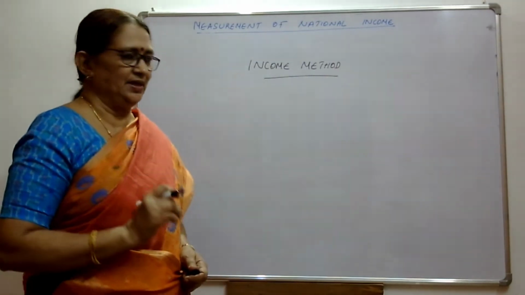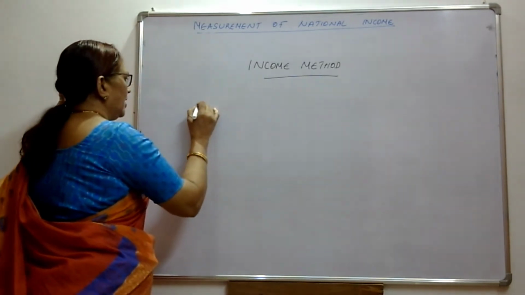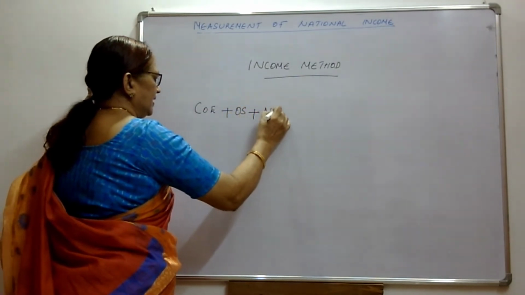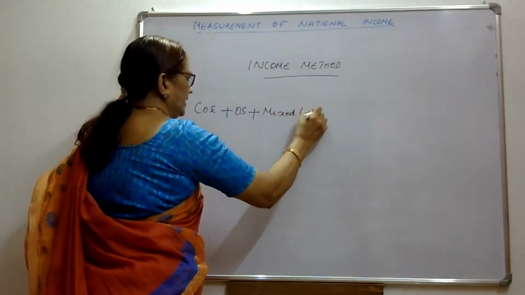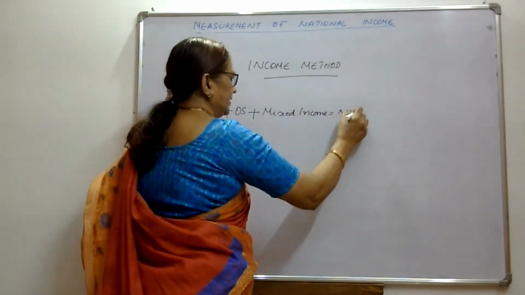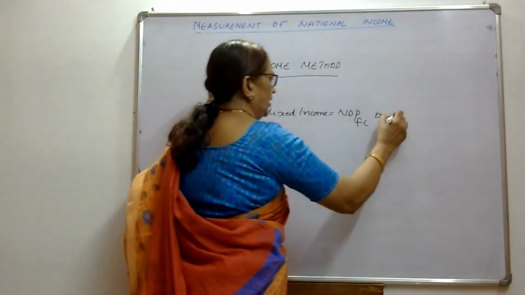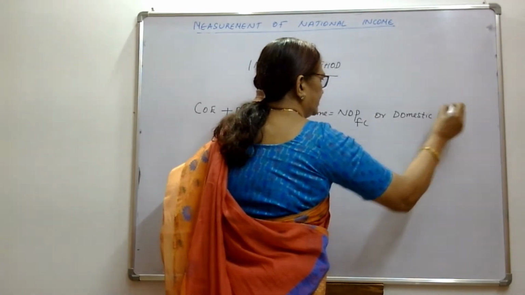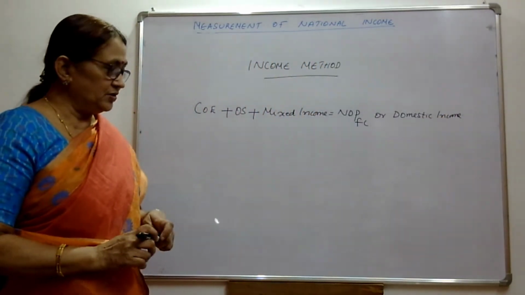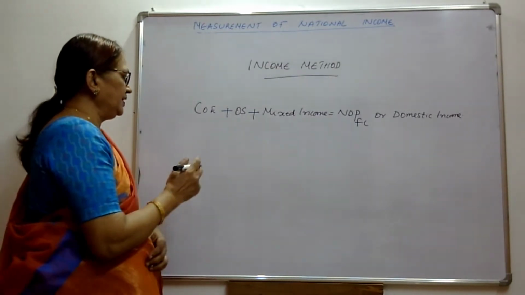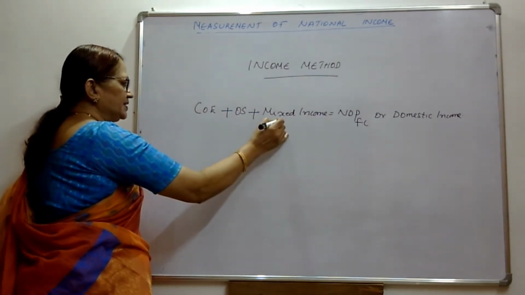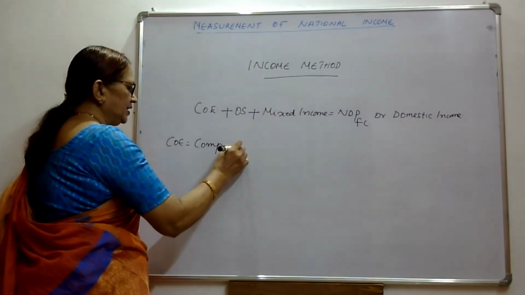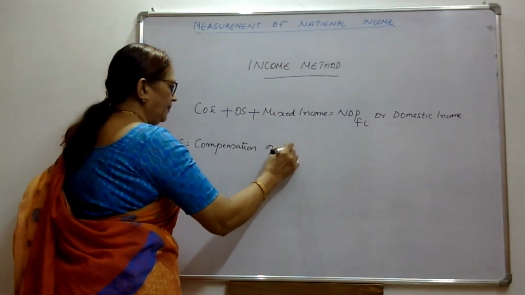Components of domestic income. According to the income method, which are the components? Compensation of employees plus operating surplus plus mixed income. We will get NDP at factor cost or domestic income. COE is compensation of employees.